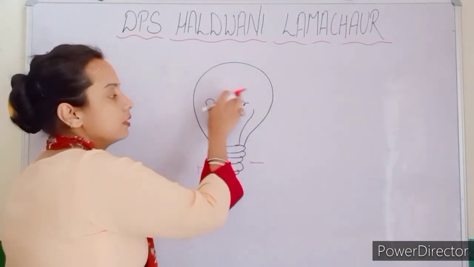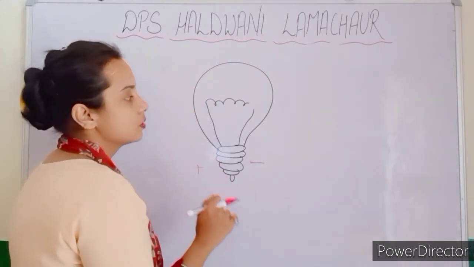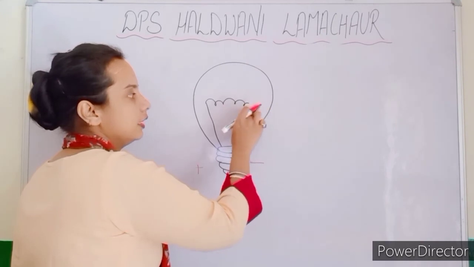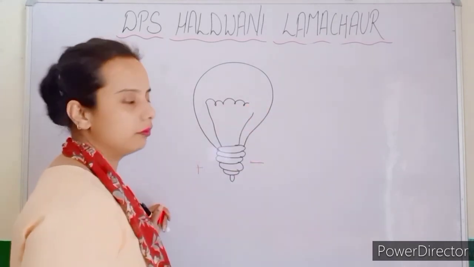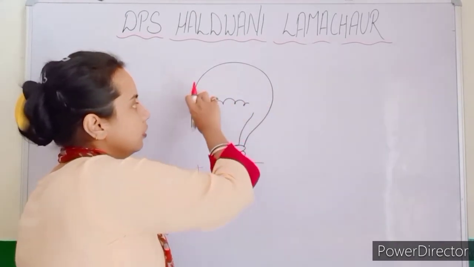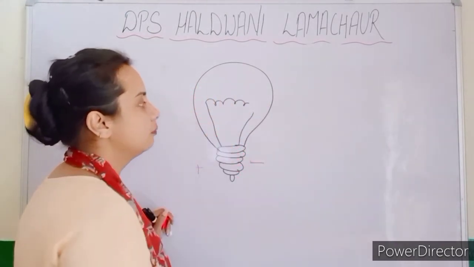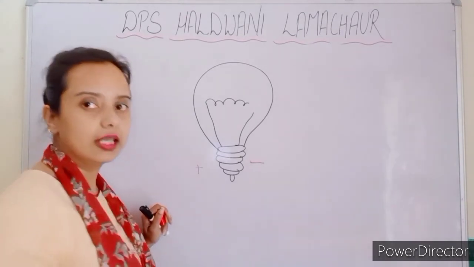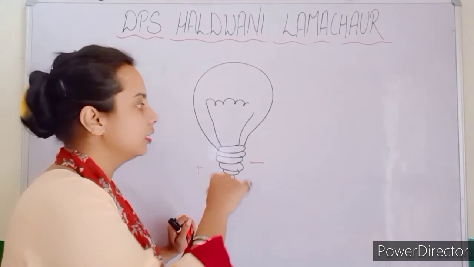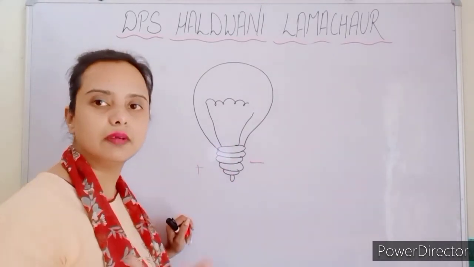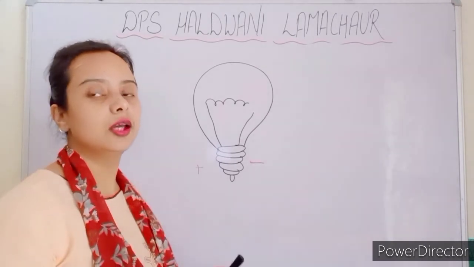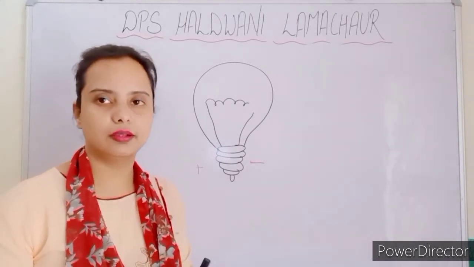It breaks from here, this filament is broken. So the complete flow of the current cannot be there. If the current is not flowing completely in this circuit, then the bulb will not glow, and hence this bulb is known as a fused bulb.